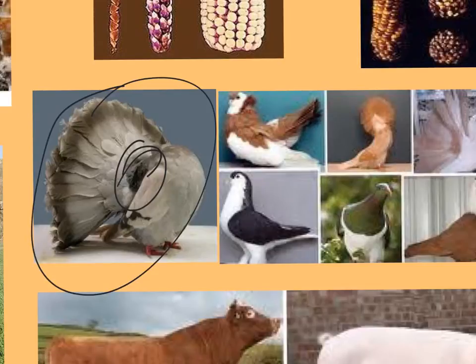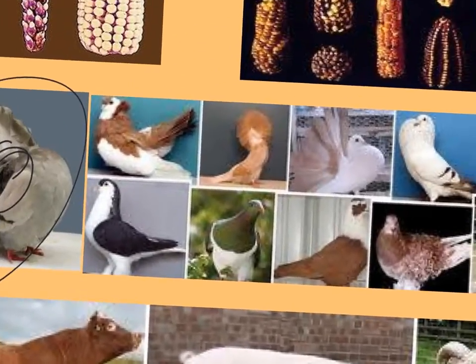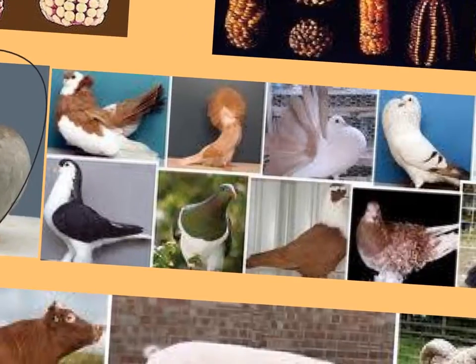And then you've got all these other ones. You've got these rollers. You've got these poofers. You've got all kinds, right? In fact, they even bred a pigeon with a neurological deficit. It would be flying along, and it would suddenly go crazy and start tumbling. It was called a tumbler. And then suddenly it would come back to life and start flying along again. There are also homing pigeons, bred to come back to where they were from. All those kinds of things. So Darwin was a big one in selective breeding. Okay.